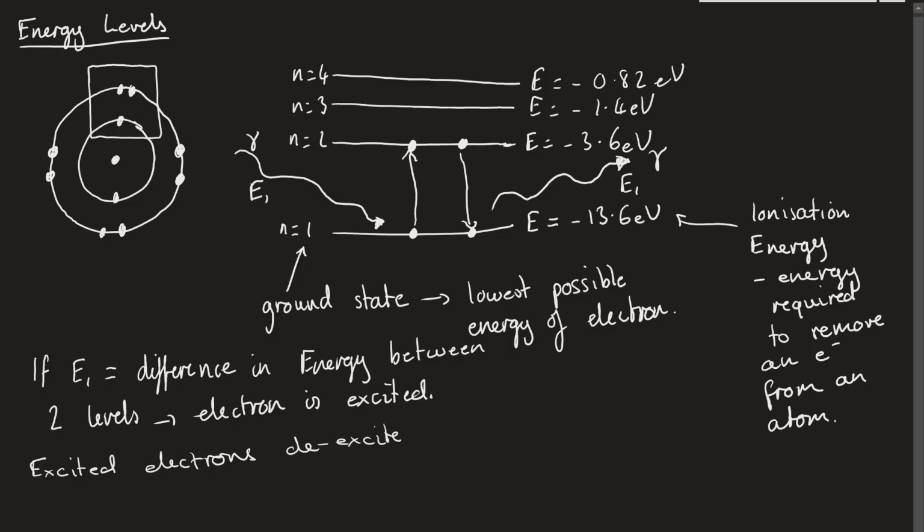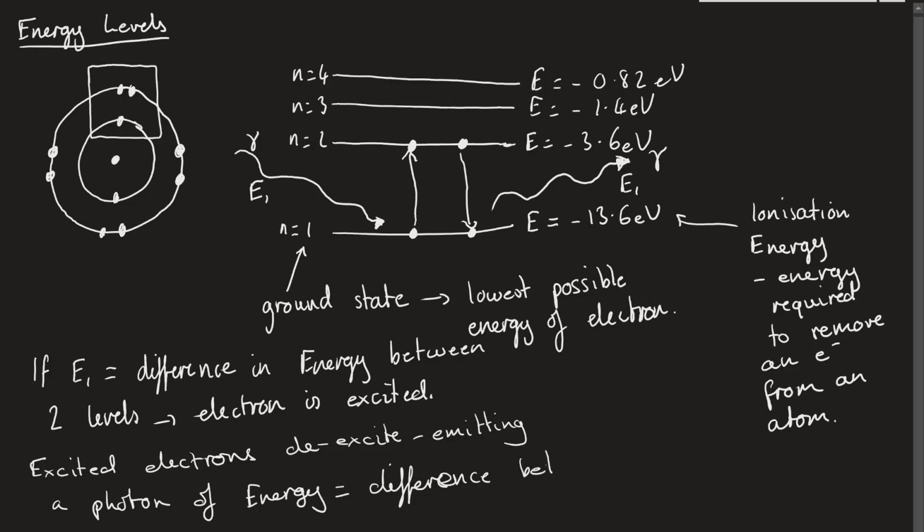So we have to emit something that holds that amount of energy, and it's just easiest to emit a photon. So excited electrons de-excite, emitting a photon of energy equal to the difference between levels.